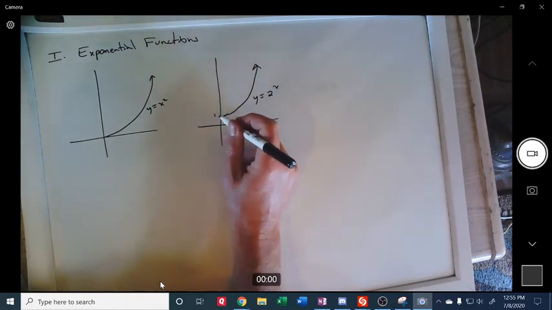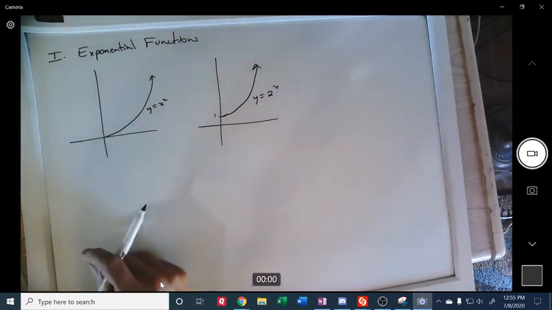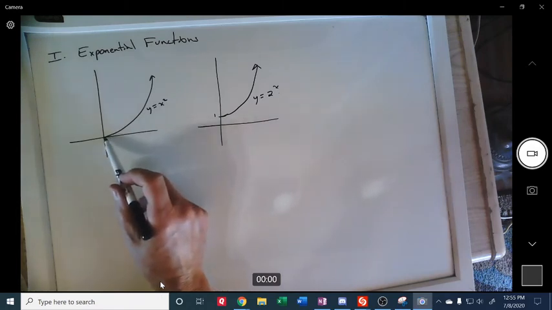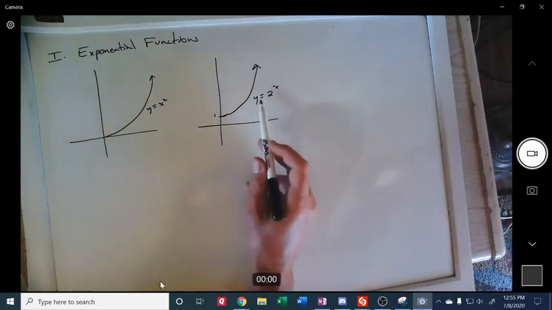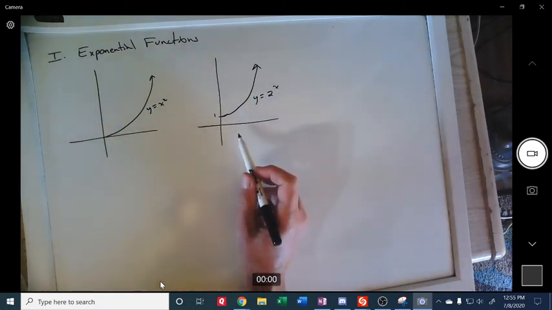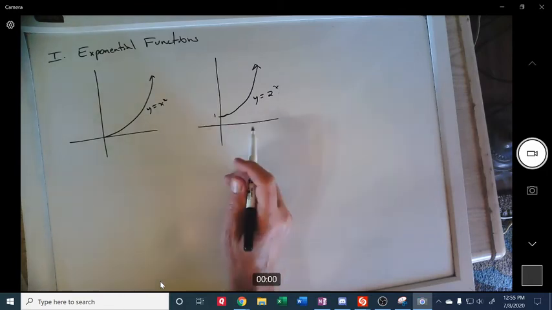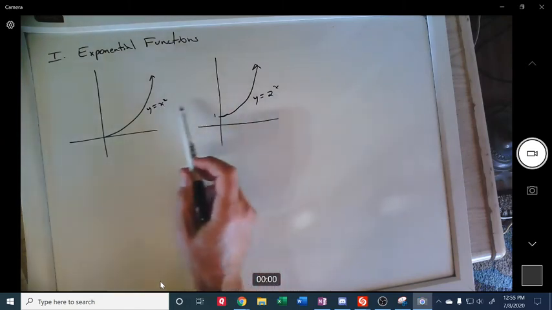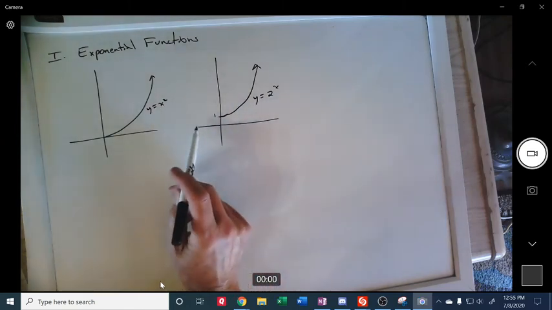It would start at 1 here versus starting at 0 over here. And other than starting a little bit lower, these look very similar. So students often, if I ask them which one grows faster, they're dumbfounded. They can't tell which of these two grows faster.